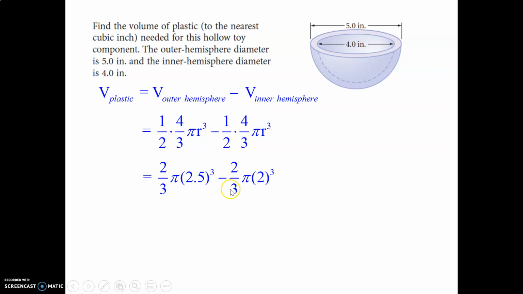Same thing over here, this would be 2/3. When I put this in the calculator, I get 33. Put that in, I get 17. And so therefore, the outer core of this, after I scoop out the middle, that plastic that I would need to create this component is 16 cubic inches.